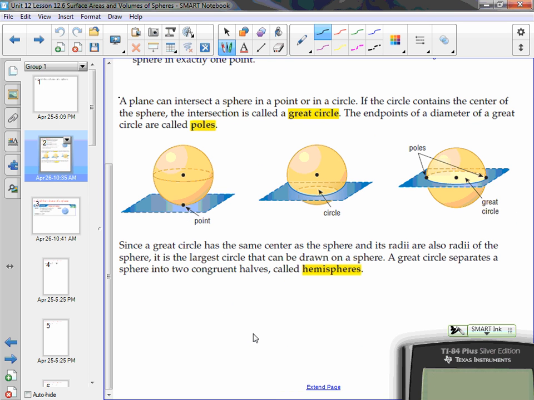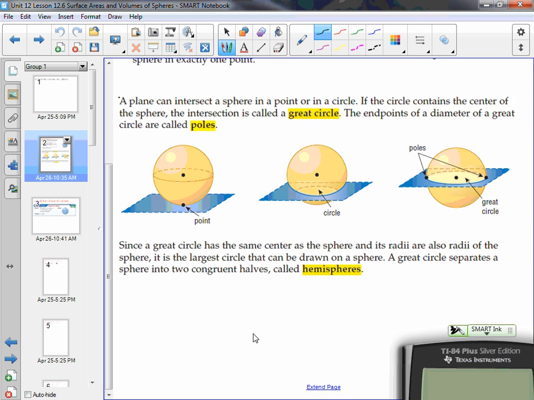A plane can intersect a sphere in a point or in a circle, or, of course, not at all. If the circle contains the center of the sphere, the intersection is called a great circle. Have you heard that from geography before?